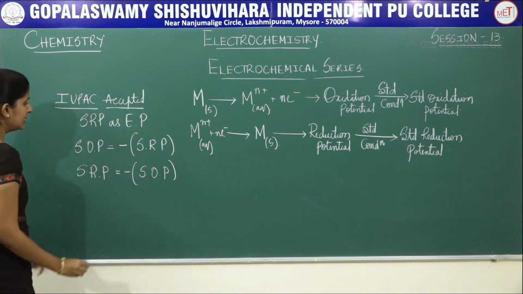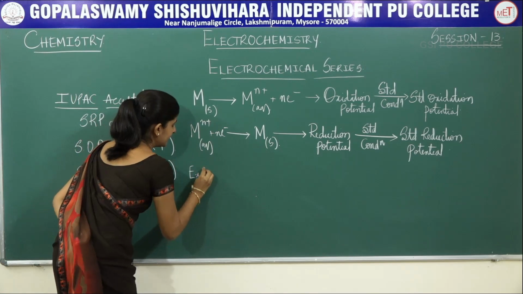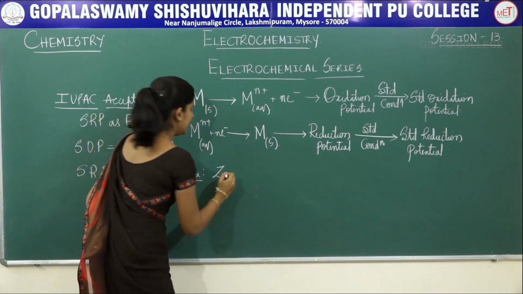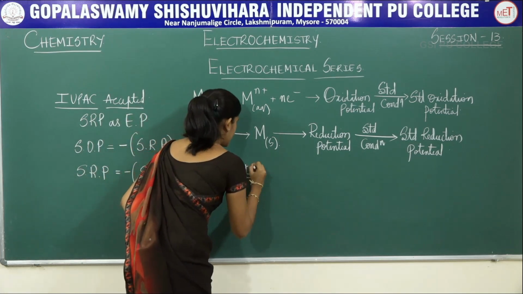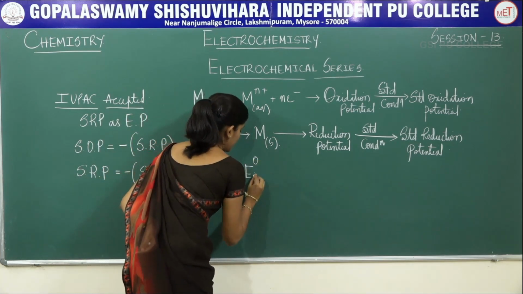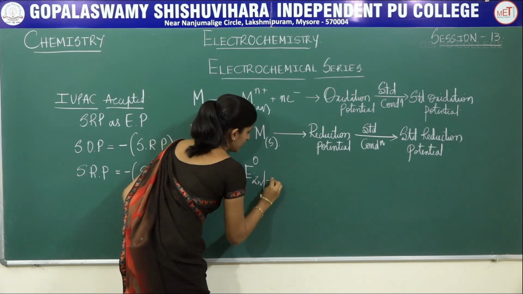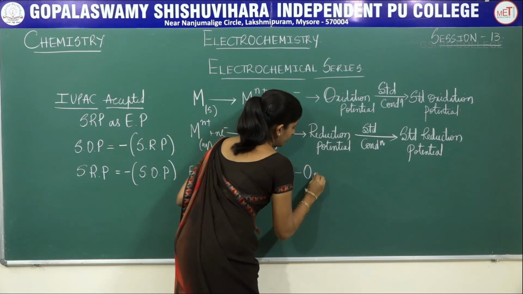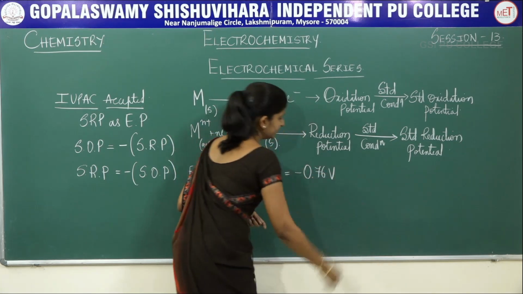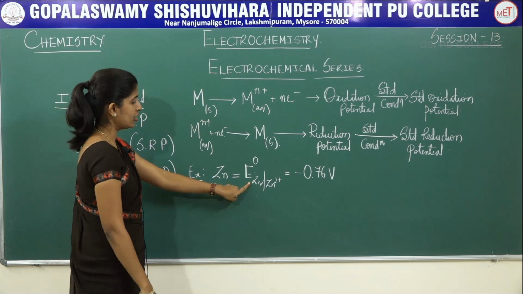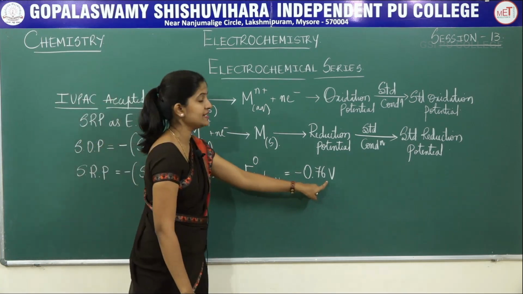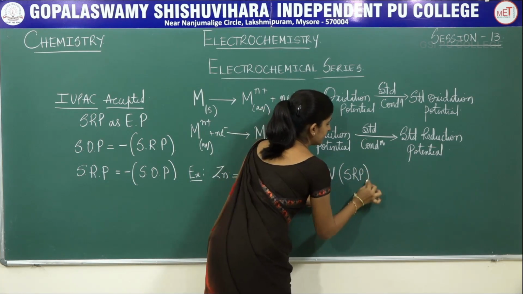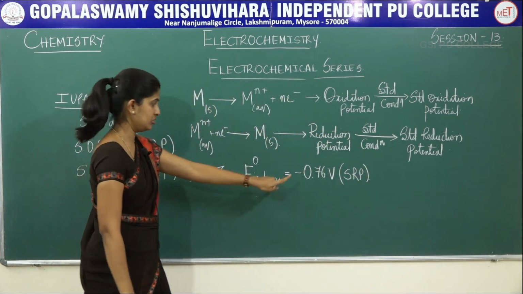Say for example, zinc's standard electrode potential: Zn2+ plus 2 electrons gives Zn, E naught of zinc is minus 0.76 volt. This is the standard reduction potential.